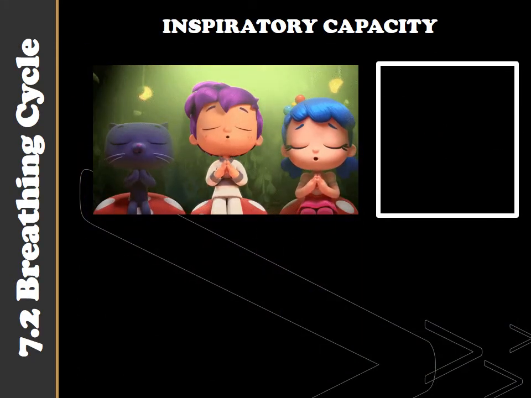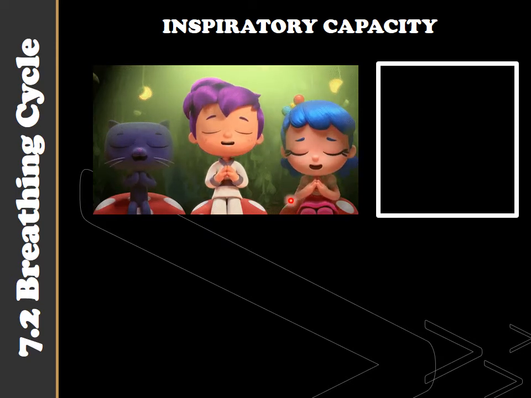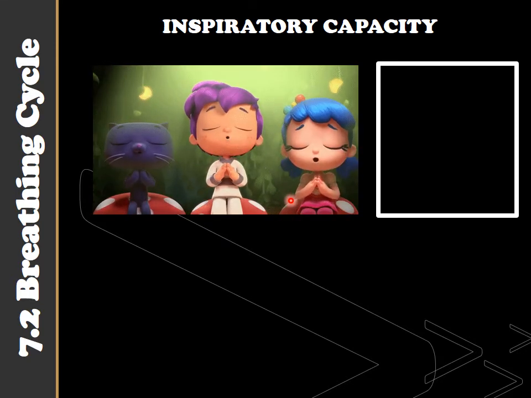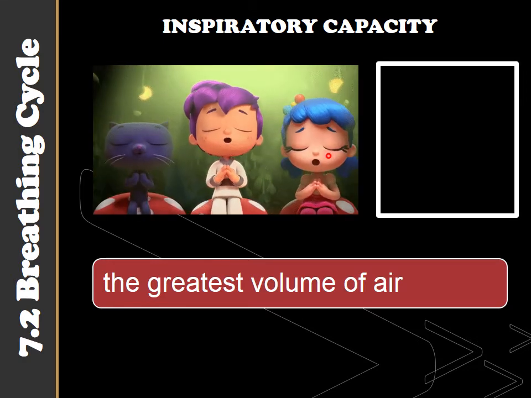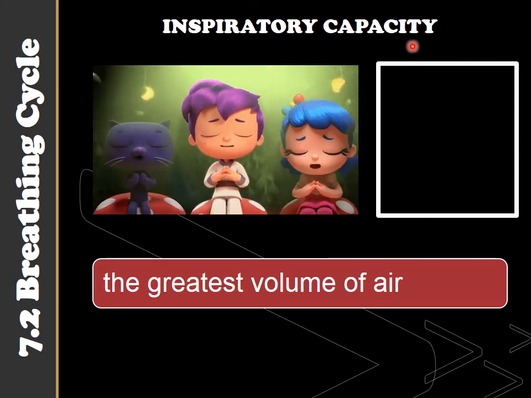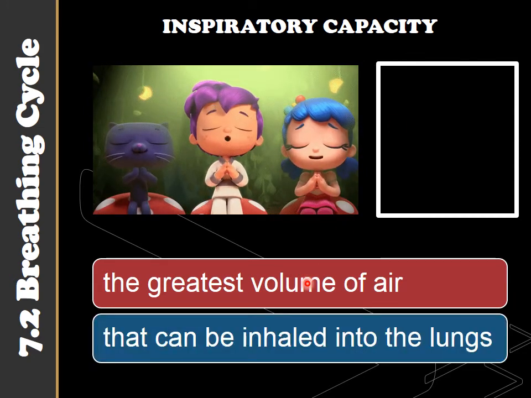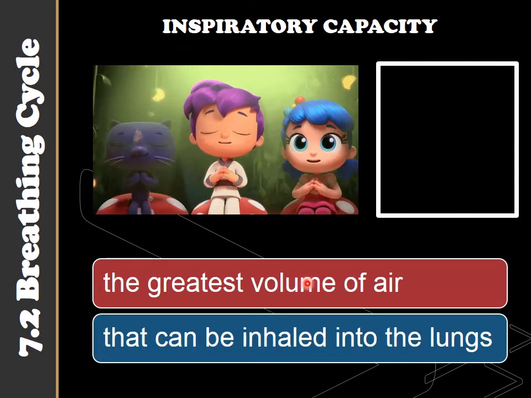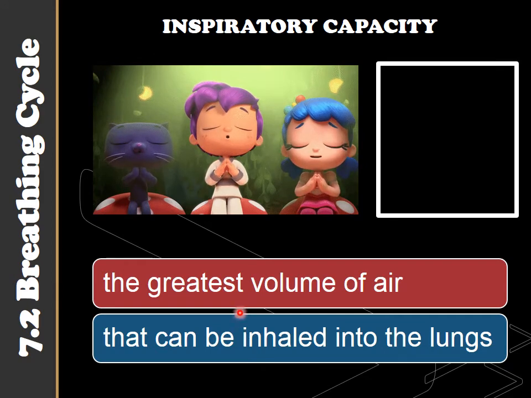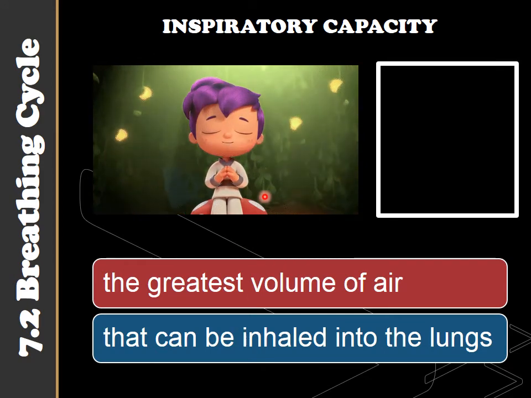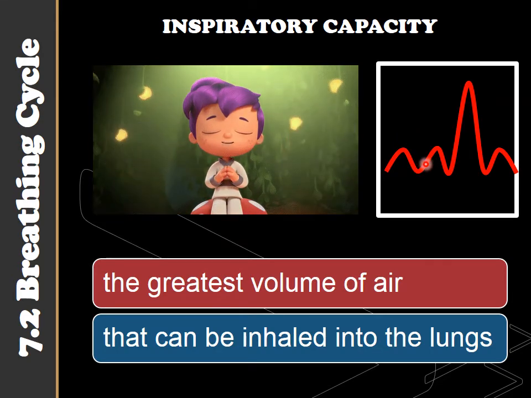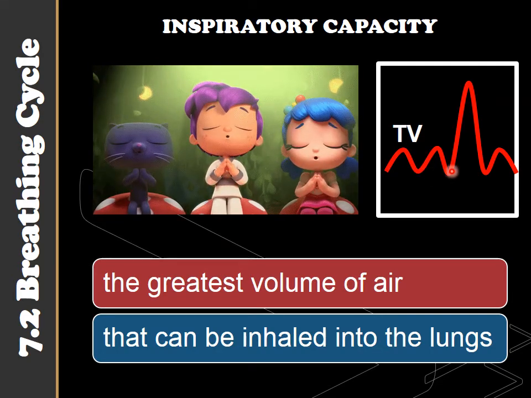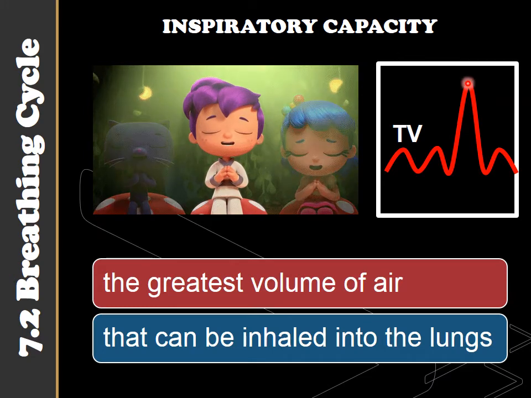But you see, we can also take an extremely deep breath. That deep breath that we take is called the inspiratory capacity. That is the greatest volume of air that can be inhaled into the lungs, the maximum breath you can take. So these parts of the graph are the tidal volume, but when you take a deep breath, the graph can go higher.